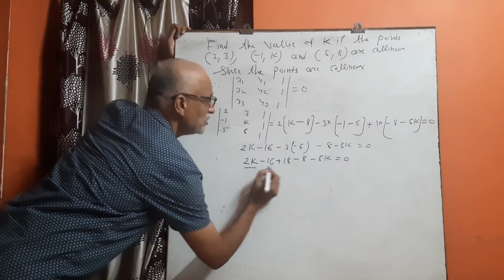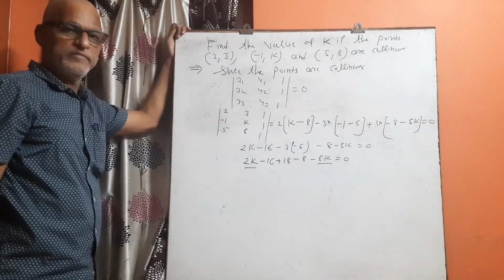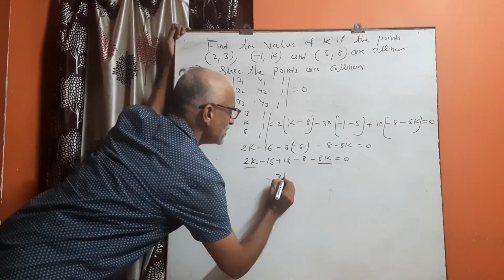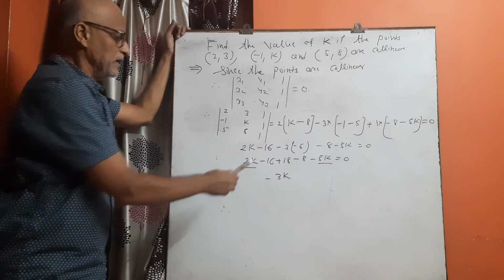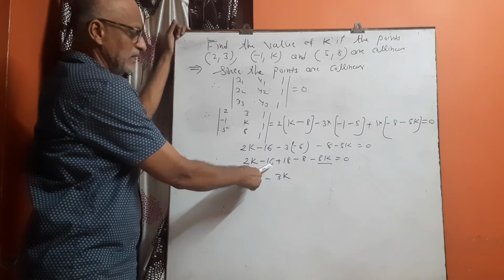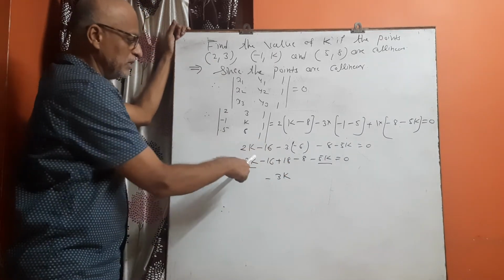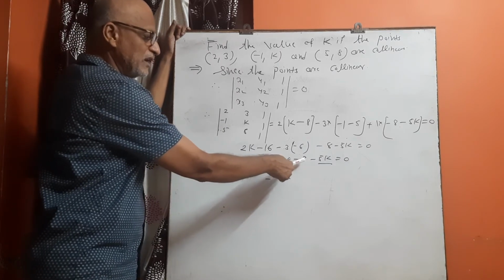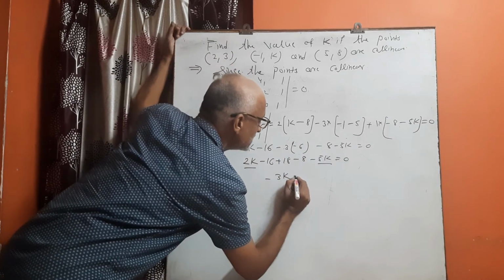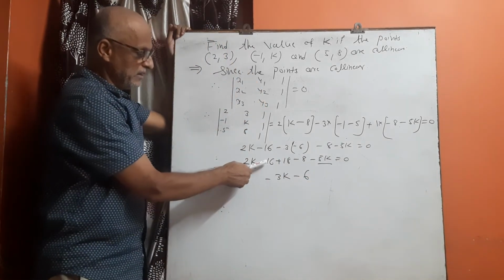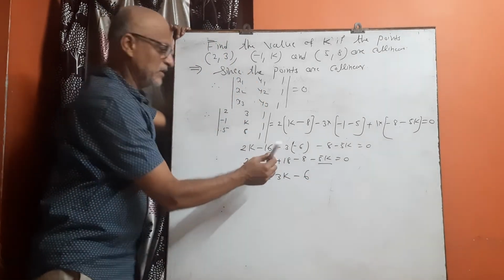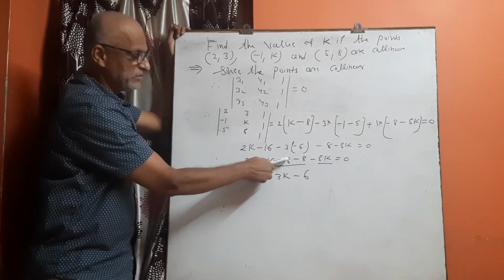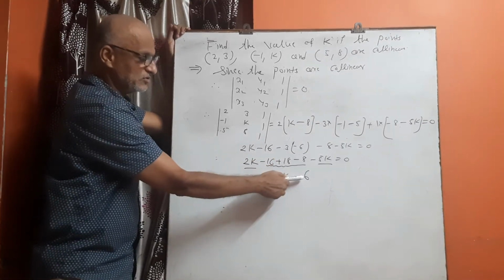Now 2k minus 5k, that is equal to minus 3k, minus 16 plus 18 minus 8, that is minus 16 plus 18 is 2, 2 minus 8 is equal to minus 6.